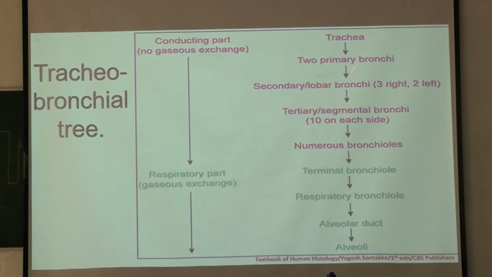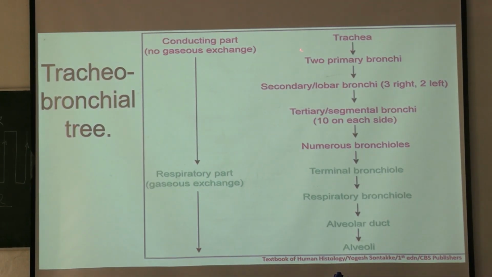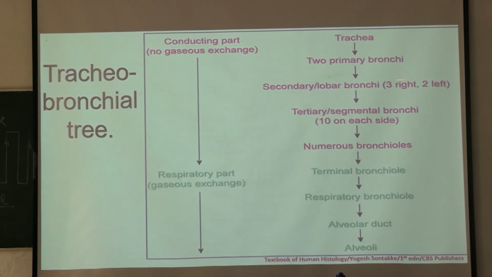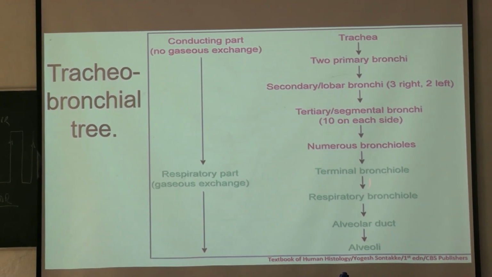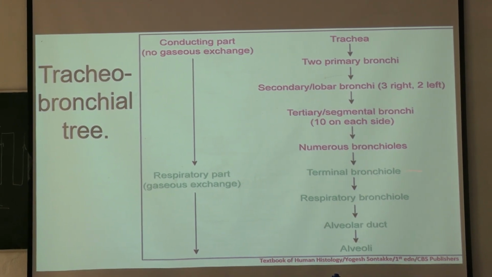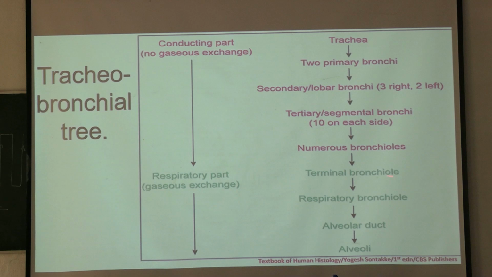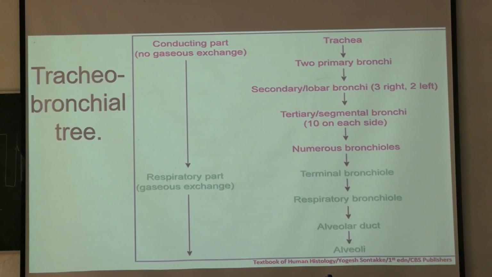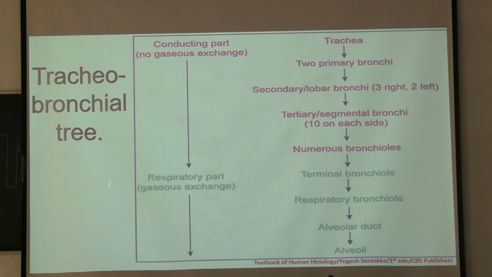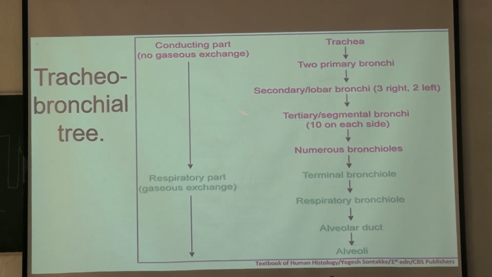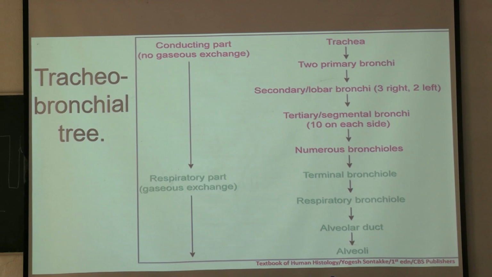Okay, so this chart you have seen previously. Trachea, two principal primary bronchi, secondary or lobar bronchi, 3 on right, 2 on left. Tertiary or segmental bronchi, 10 on each side, numerous bronchioles are present. And then there is terminal bronchiole, respiratory bronchiole, alveolar duct and alveoli.